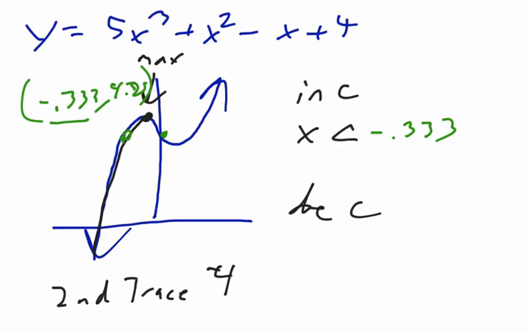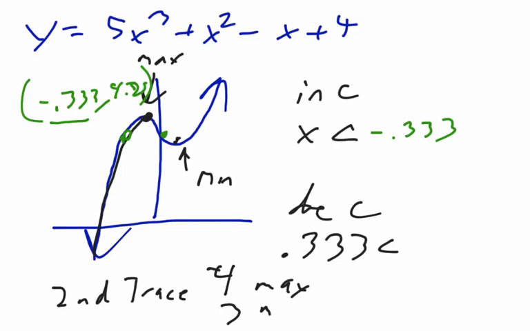And then it's going to decrease for a while. And it starts out decreasing at that same 0.333. And then this time I need to find not a maximum, but a minimum. So this time, instead of second trace 4, which was maximum, I'm going to go second trace 3, which is a minimum.